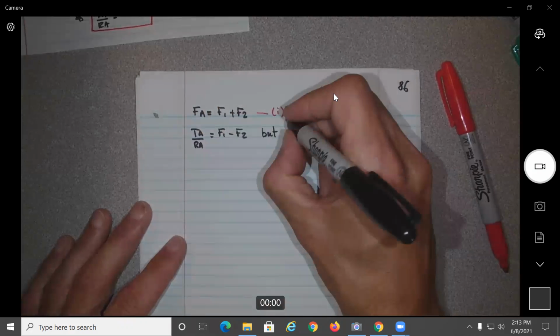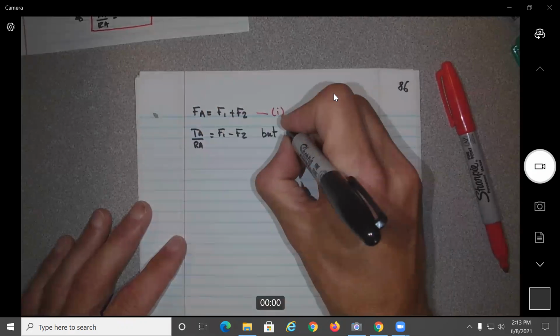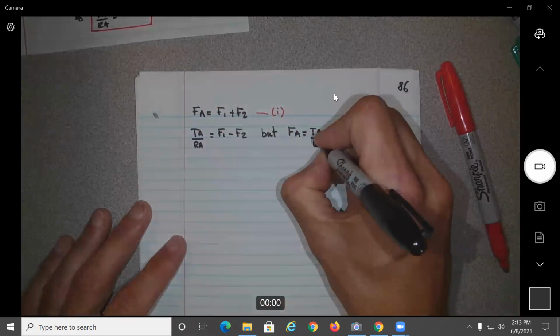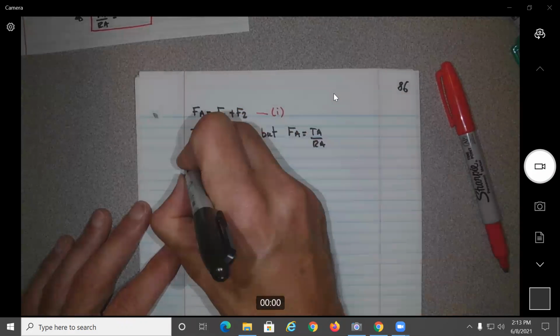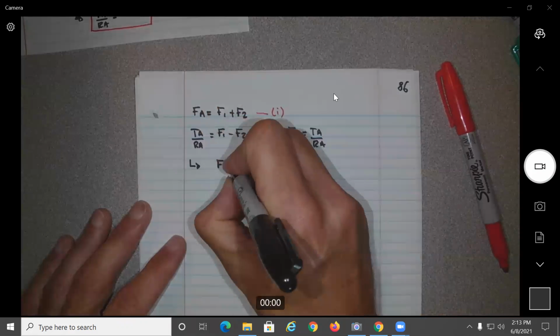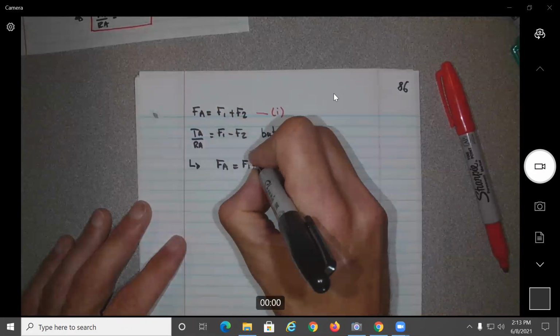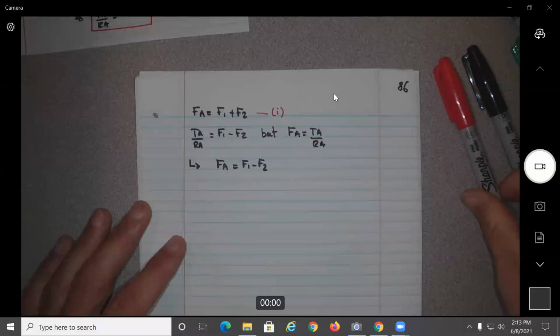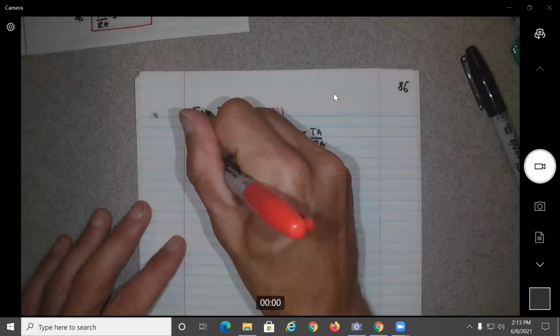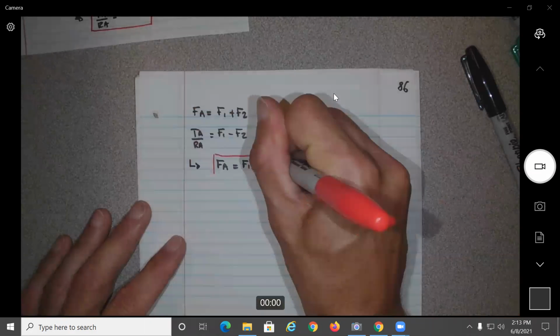But what do we know? We know that FA is equal to TA over R sub A. So that equation here, we can write as F sub A equal to F1 minus F2. And this will be our second equation.